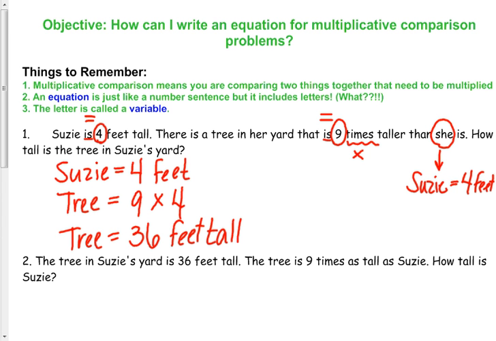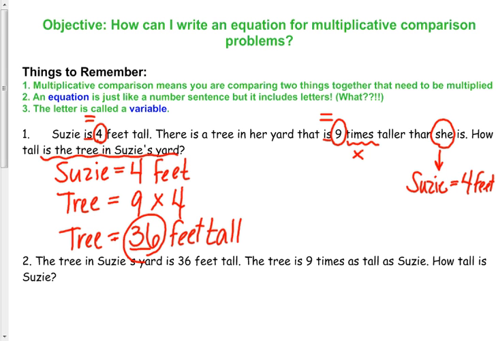Let's just check to make sure we answered the question. How tall is the tree in Susie's yard? Tree equals, or tree is 36 feet tall. We have found our answer. So in this one, the product of two numbers is what was missing, that last number.